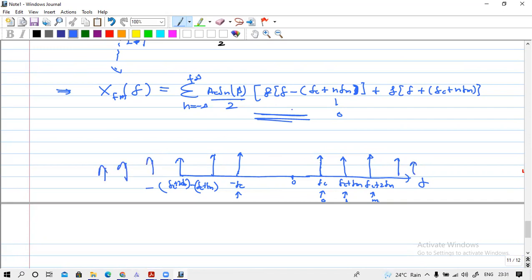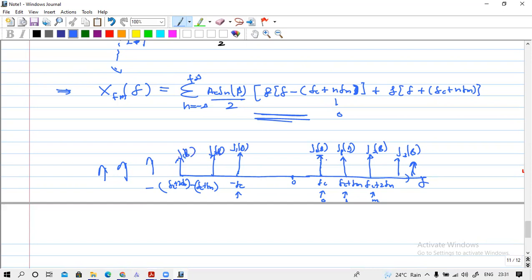So you can see that we have an infinite number of harmonics, frequency components, okay. So what is the value here? So I get 0, so this is J0 beta, or some beta value, and this is J1 beta, and this is J2 beta, and this is J3 beta, like this. And here also we have J1 beta, J2 beta, J3 beta, likewise.